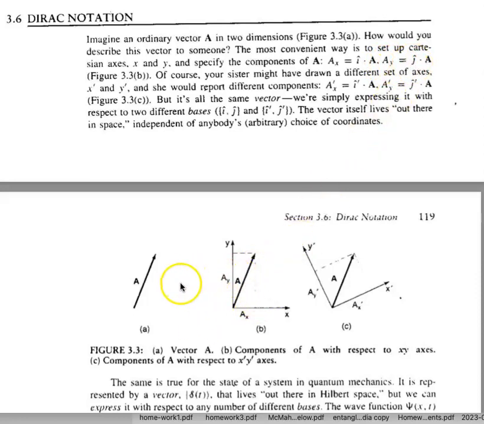No problem. So you've seen this type of picture before, where you have some vector, and you can talk about the x component of the vector and the y component of the vector. They both exist simultaneously. You can talk about this vector in two different coordinate systems, the x and y and the x prime, y prime. No problem. You've seen that kind of behavior.